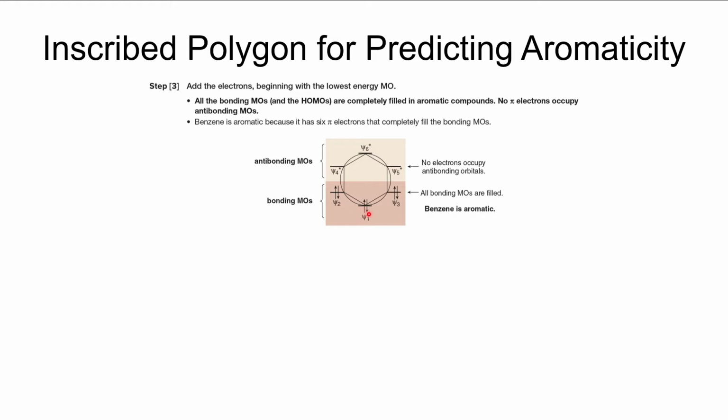Again, Aufbau principle says we start at the bottom. Hund's rule says we singly occupy these degenerate orbitals first before doubly occupying. And then Pauli exclusion principle tells us that we have to have opposite spin electrons in each of those orbitals. All right.